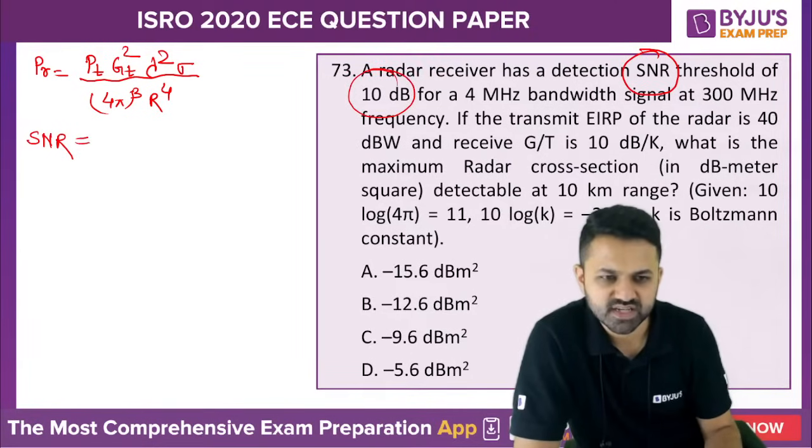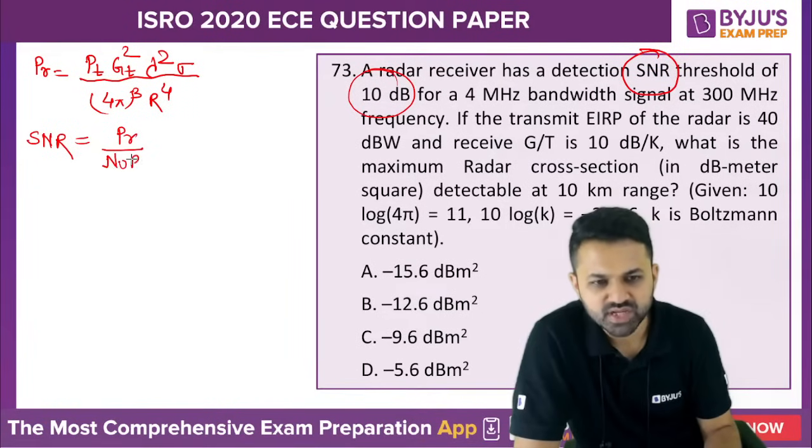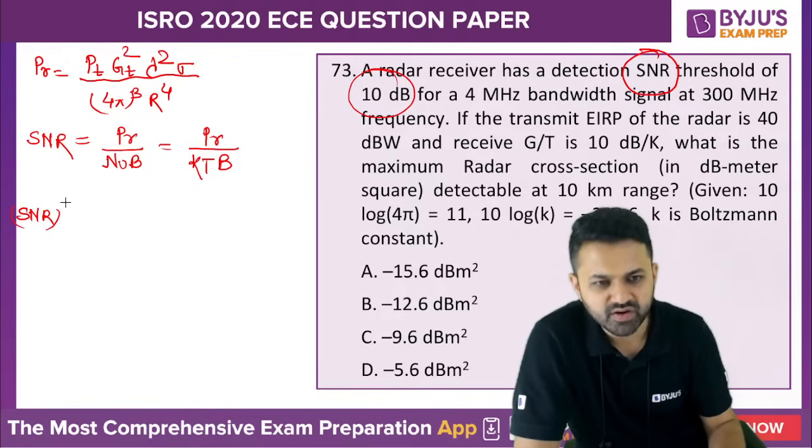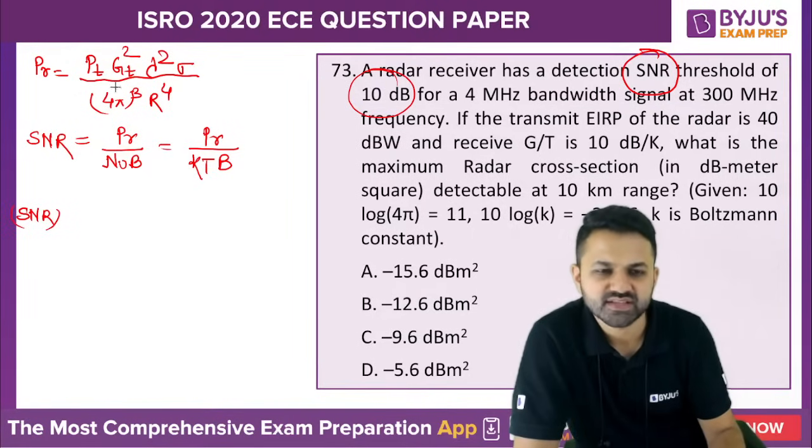So we have to think of signal to noise ratio. The signal power is PR and the noise power is N naught into B. And how can you calculate the noise power? The noise power is K into T into B. So from here, if I write this signal to noise ratio, the value of PR is given here.